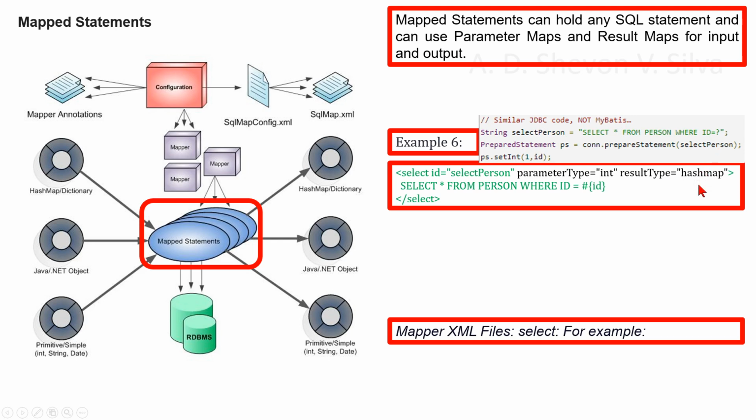Of course, there is a lot more code required by JDBC alone to extract the results and map them to an instance of an object, which is what MyBatis saves you from having to do. There's a lot more to know about parameters and result mapping.